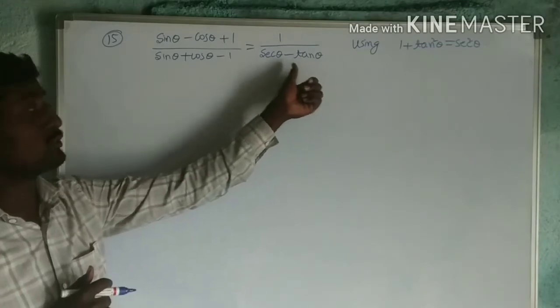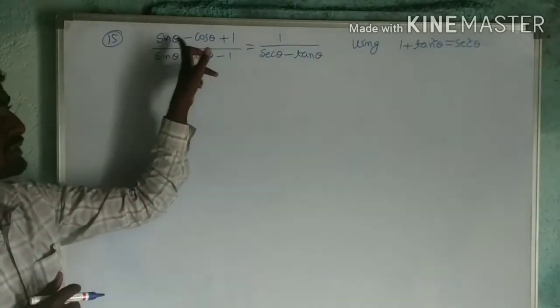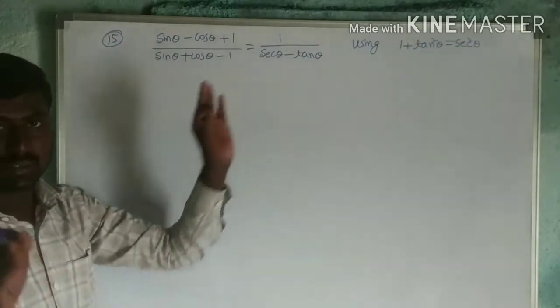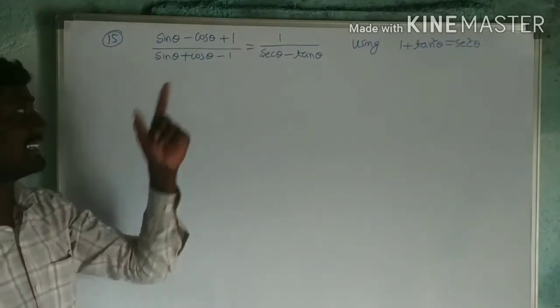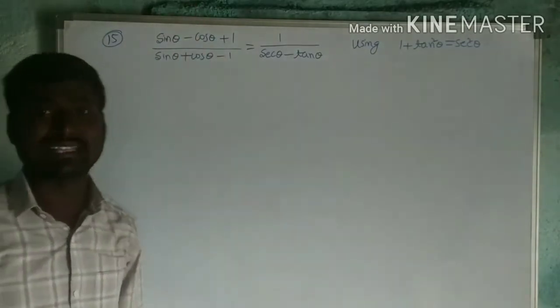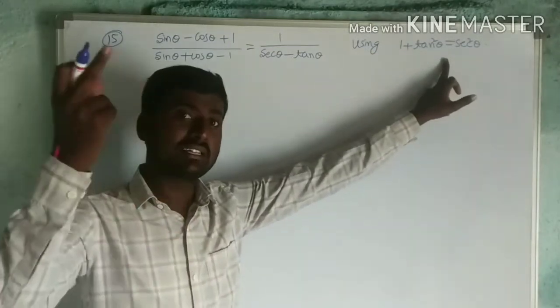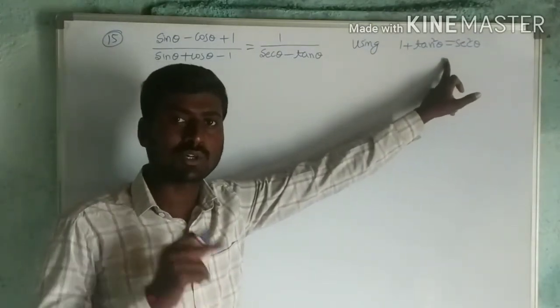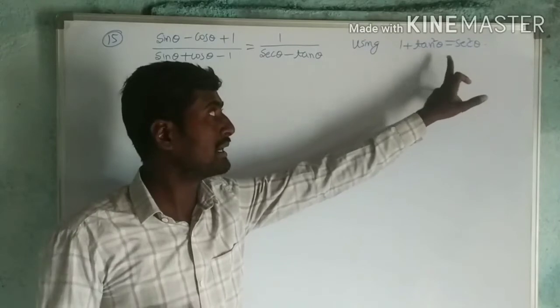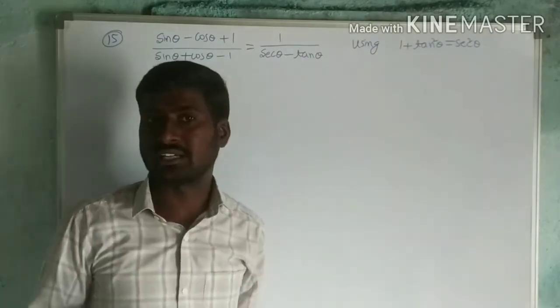So to get tan I should divide this by what? Cos. Sin theta divided by cos theta. Then I will get it as tan. Okay. You should remember that question and this question. Here I should divide it by cos. There I divided it by sin. And also I have to use the same identity here. There the identity given is 1 plus cot square theta equal to cosec square theta. But here I have to use the identity 1 plus tan square theta equal to sec square theta.